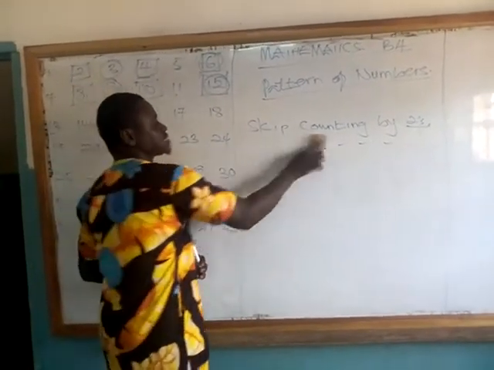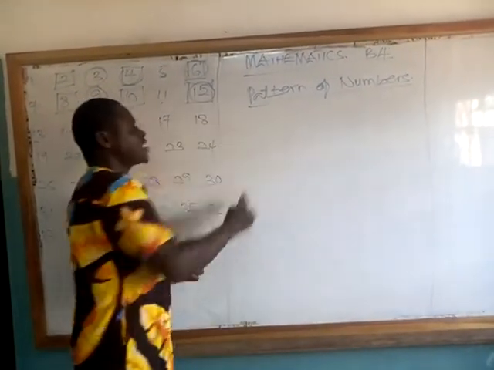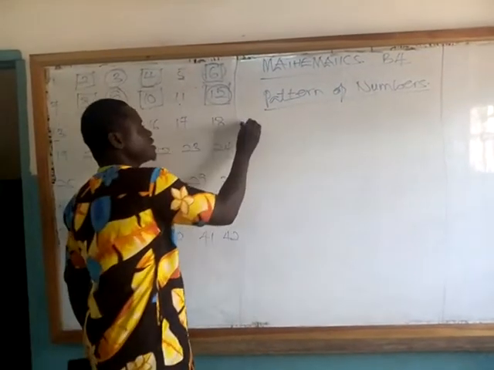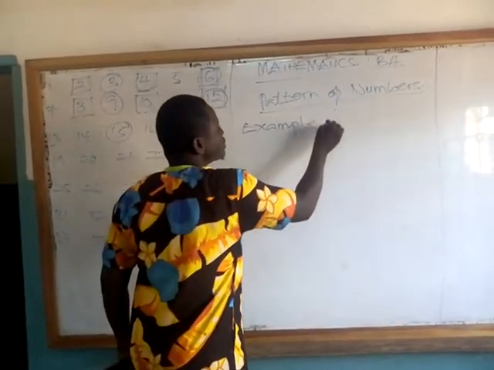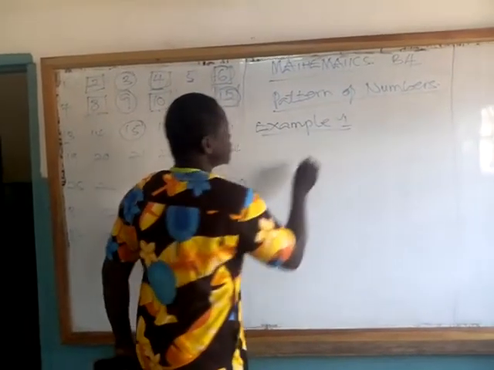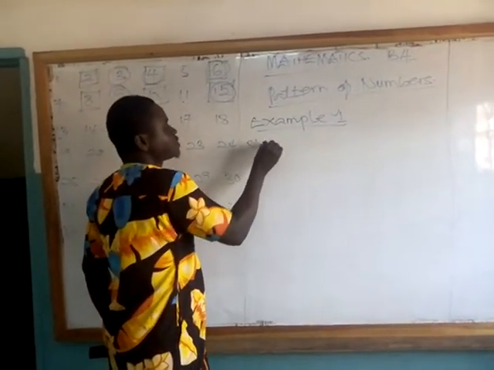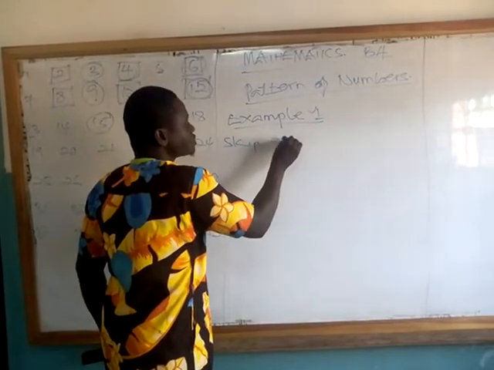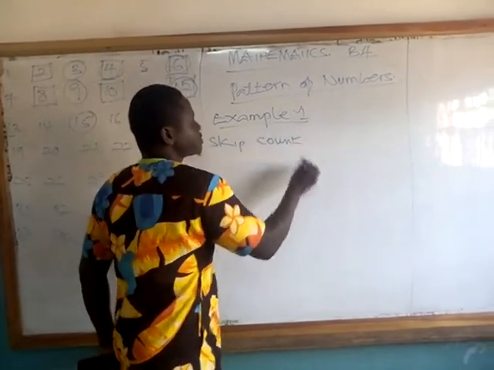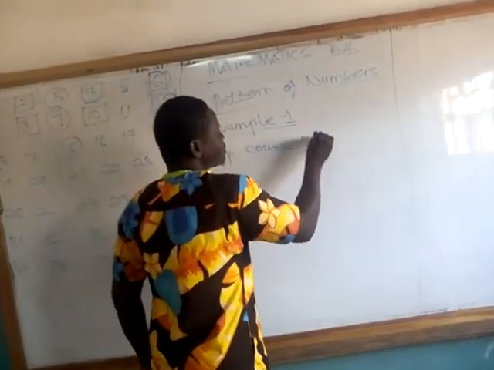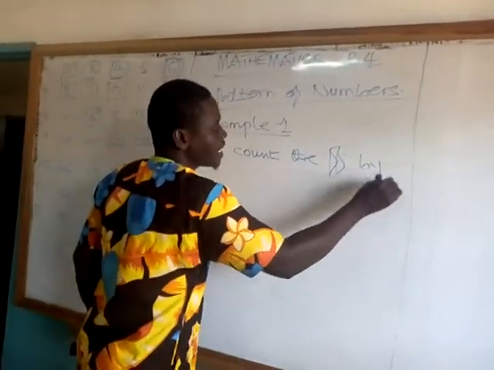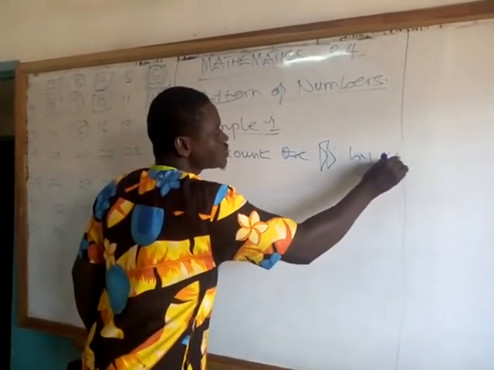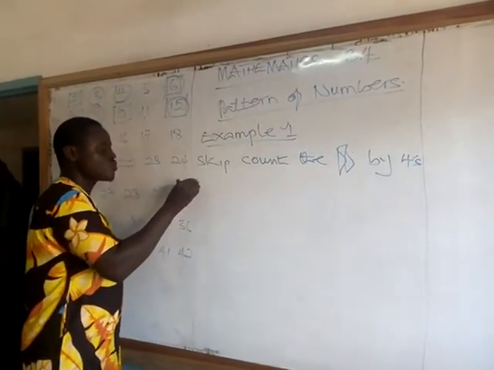For instance, let's consider our first example. Example 1. Skip count the following by 4s.